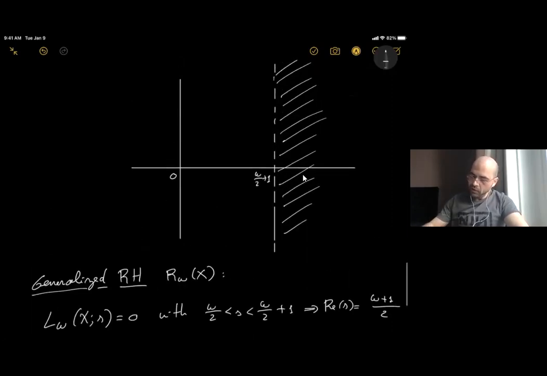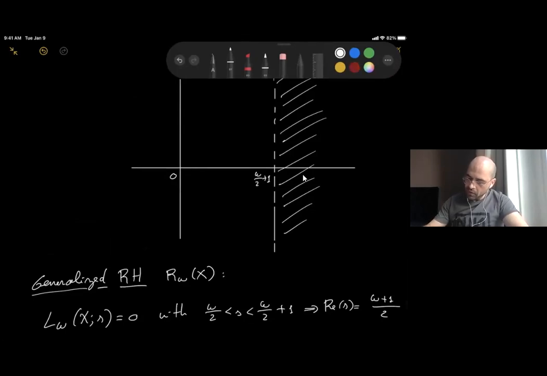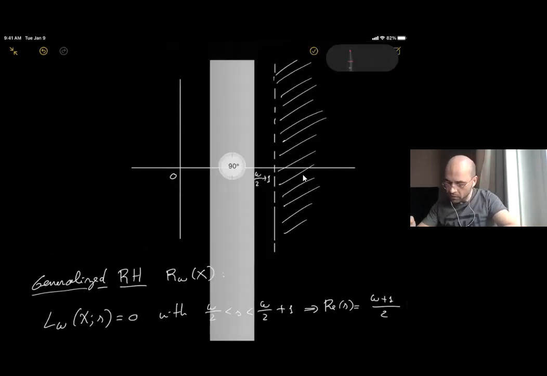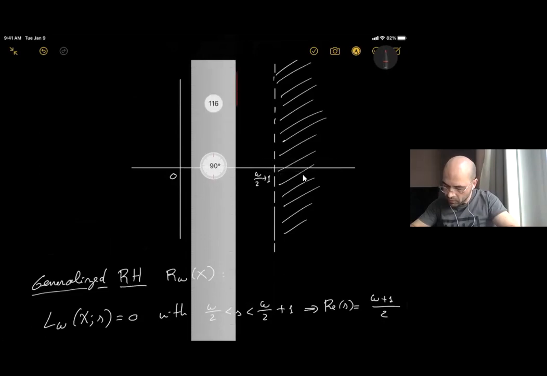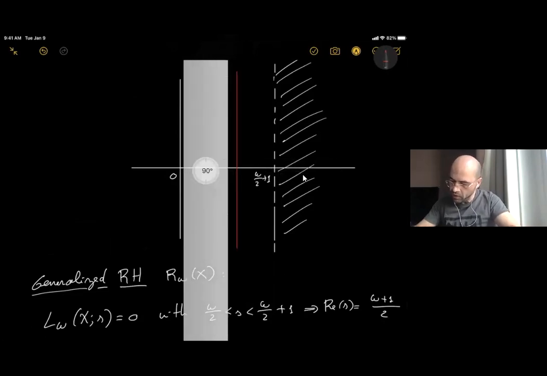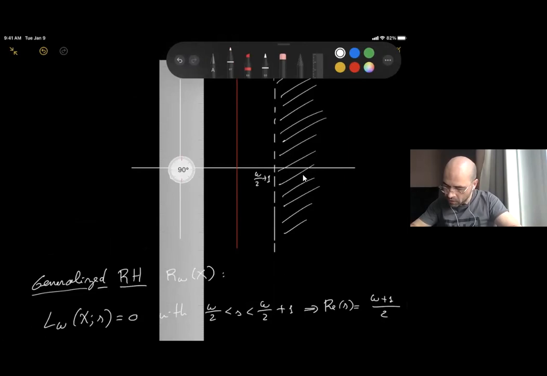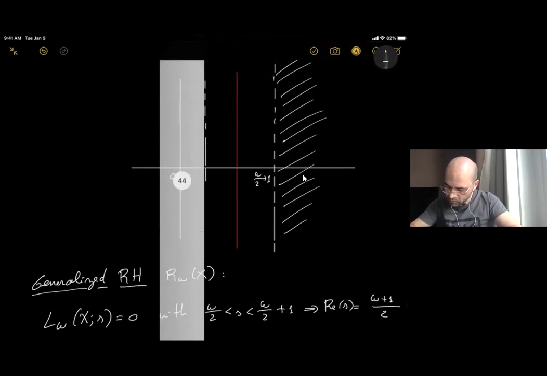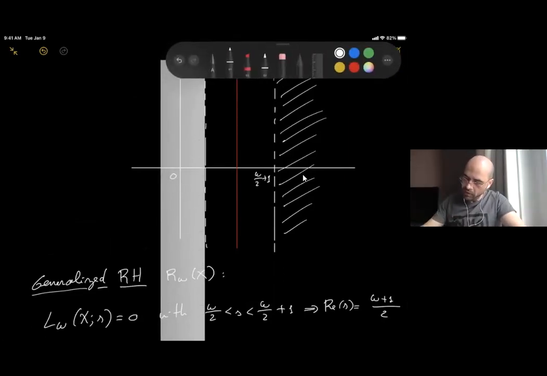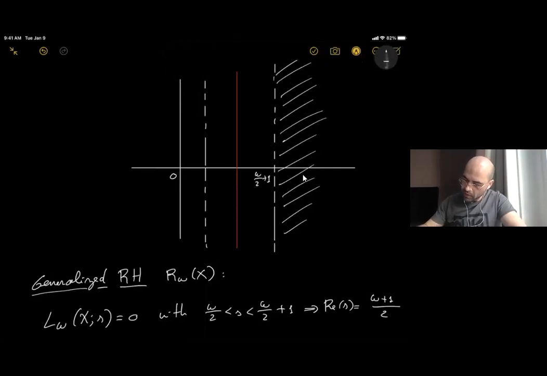Geometrically, this is saying that your zeros need to be here, where here it's w over 2, and here it's w plus 1 over 2. So the zeros that exist in this critical strip need necessarily to be on this vertical red line.